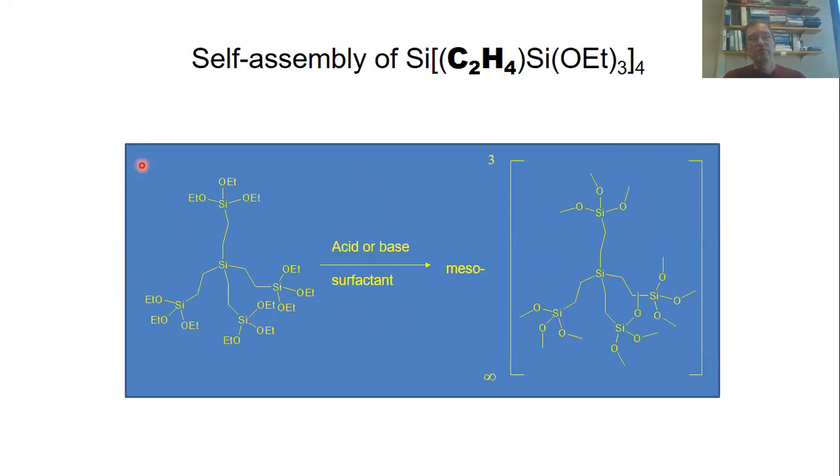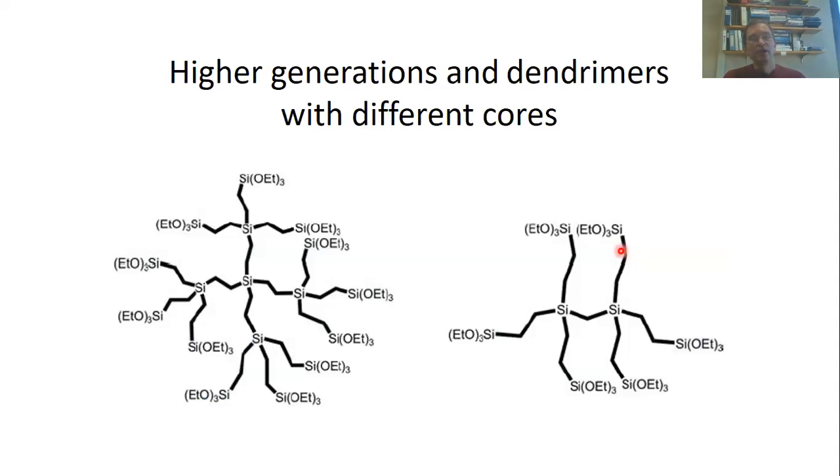You can, again, either acid or base catalyzed, in the presence of a surfactant produce a periodic mesoporous silica from it. All right, then here you see a second generation dendrimer, which has also been shown to self-assemble. In this case, you have a core. And then you see here the first generation shell of 4 other silicon atoms.